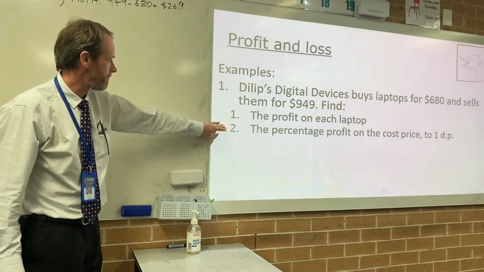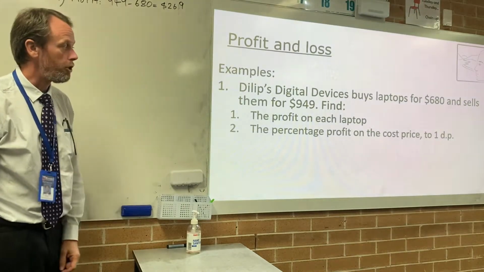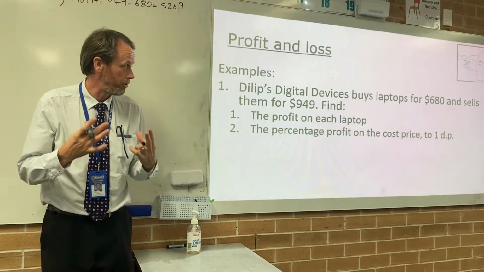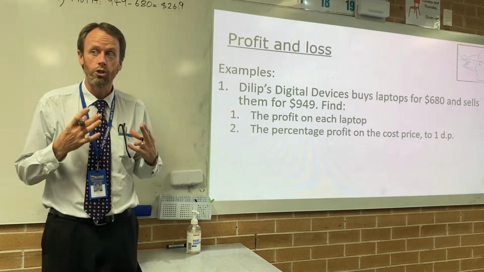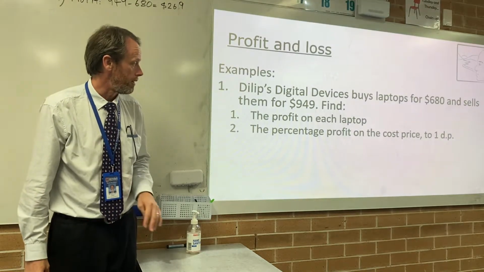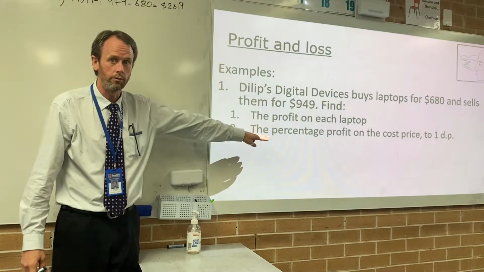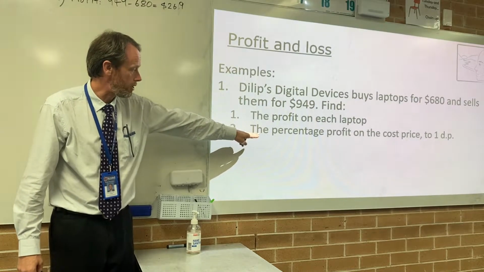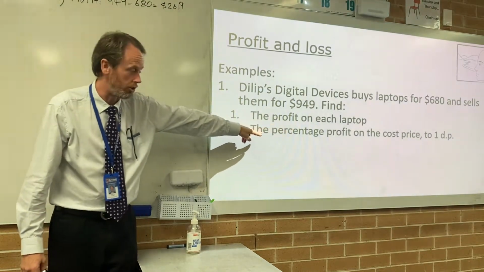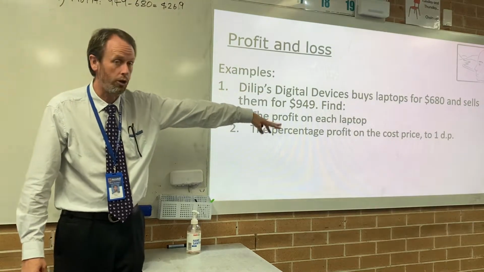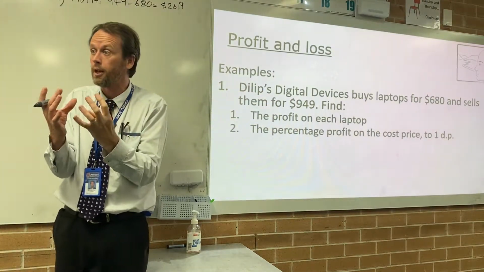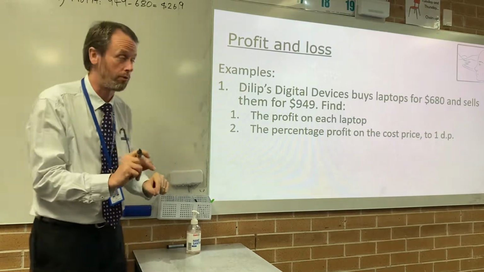That's part one. Part two, the percentage profit on the cost to 1 decimal point. Now this is where we sometimes struggle. This question makes it easy because it says the percentage profit on the cost price. When we're working out profit, it's always on the cost price.